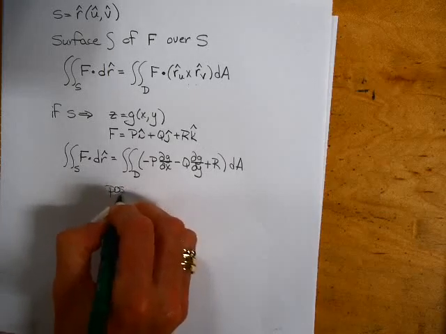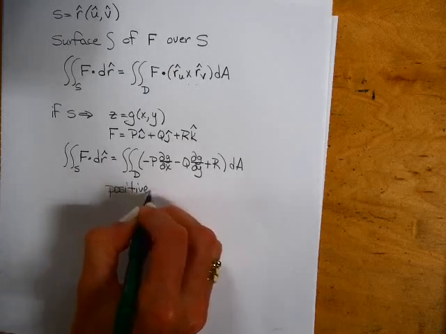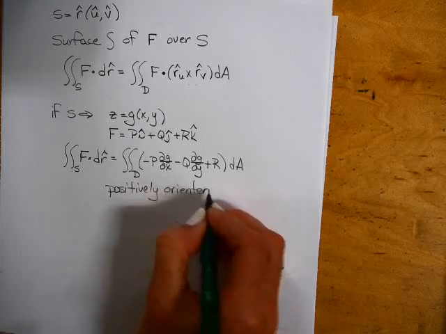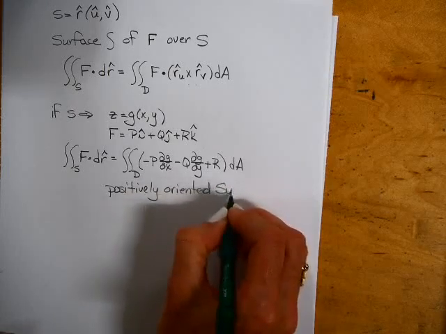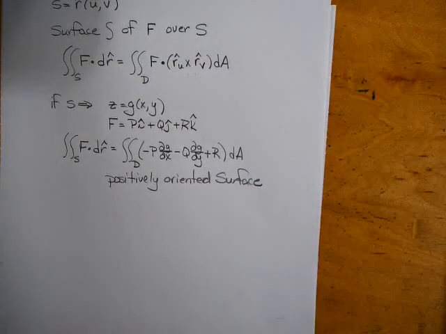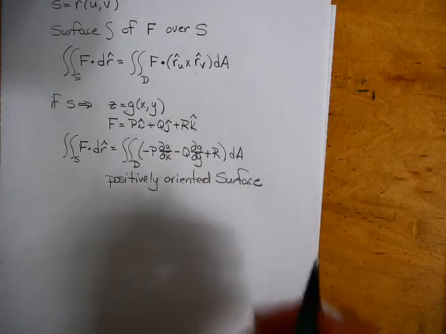And this is for a positively oriented surface. If the surface is negatively oriented, multiply it by negative 1.